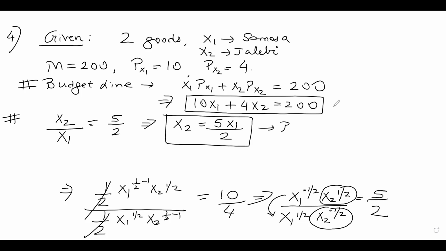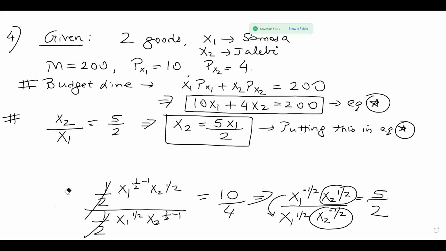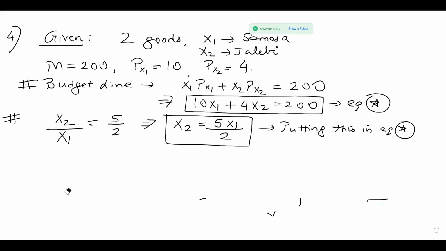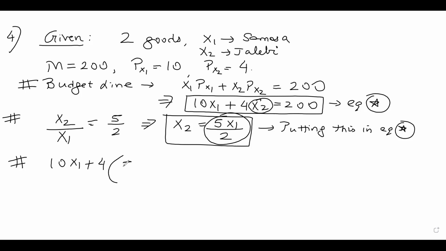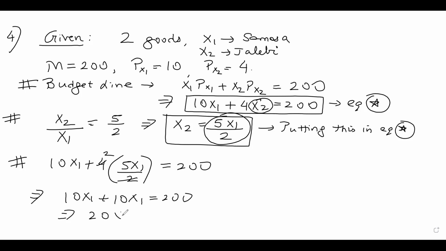Now I put this in the budget line. This is my budget line. I can mark this as equation star. So putting this in equation star, what do we get? So my budget constraint is 10x1 plus 4 times x2, I can write as 5x1 by 2, equals 200, which implies 10x1 plus 10x1 equal to 200, which implies 20x1 is equal to 200, which implies x1 is 10.